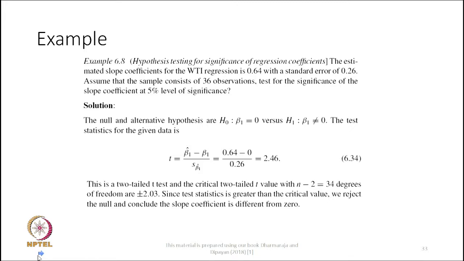As a simple example, we have a test for significance of the slope component at a 5% level of significance. So, the null hypothesis is the slope component beta 1 is equal to 0, and the alternate hypothesis is beta 1 is not equal to 0.